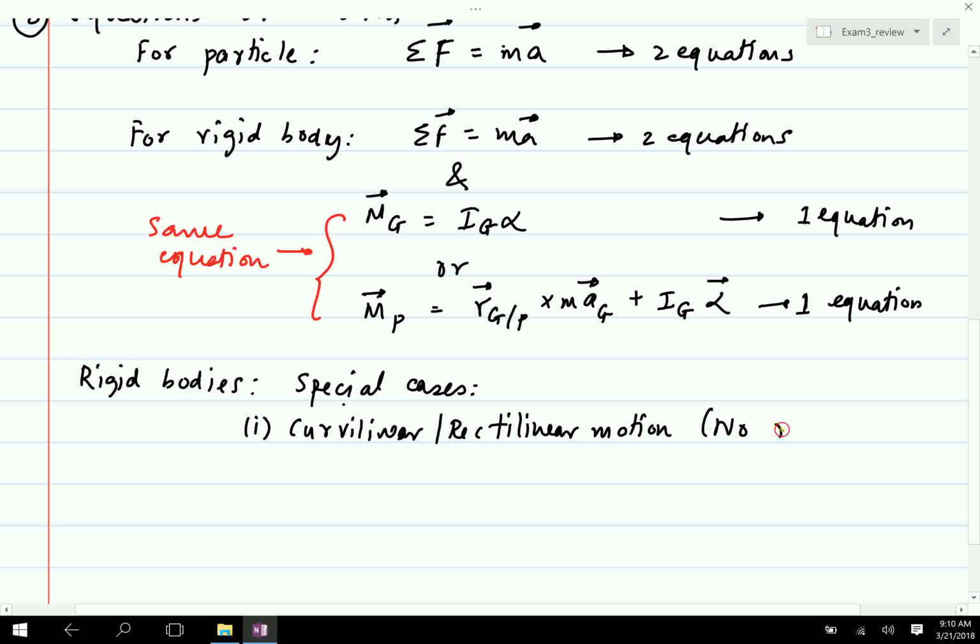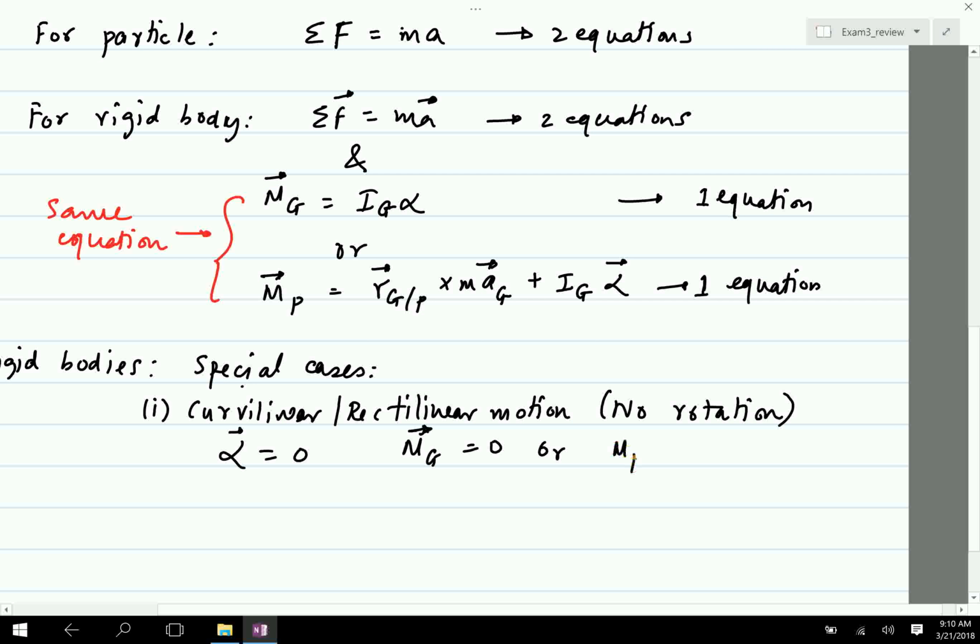So no rotation. In this case, alpha is 0, right? And you could write either M_G equals 0 or M_P equals r_G with respect to P times mass times a_G.